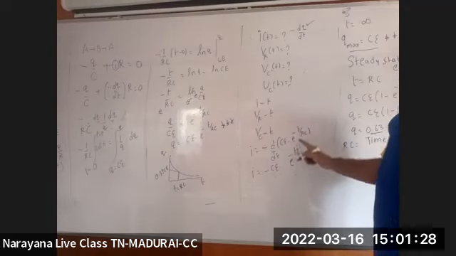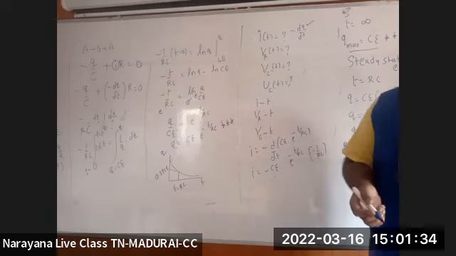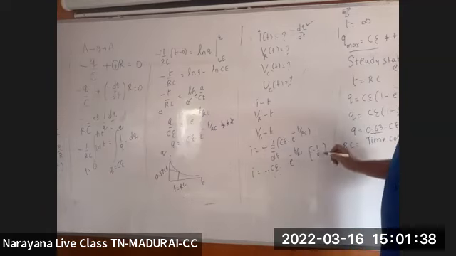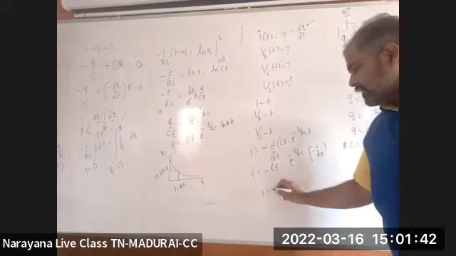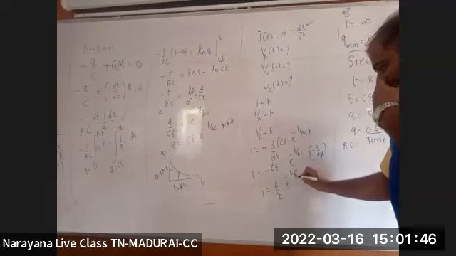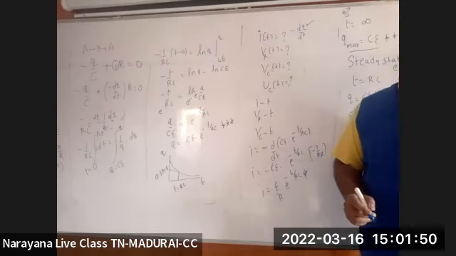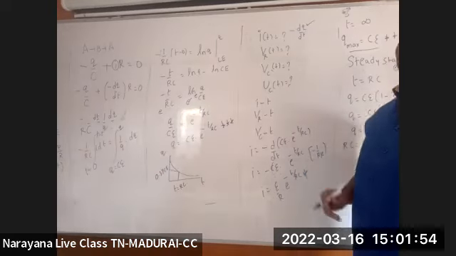And the differentiation of this complete term is minus 1 by RC, and dt by dt is 1. Understood? So C cancels out, minus into minus is plus. What is the current after t seconds? E by R into e power minus t by RC. This is the current after t seconds.